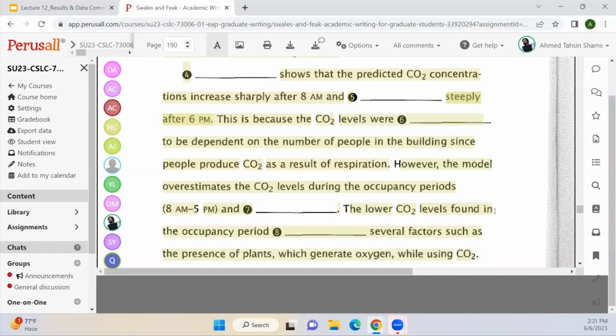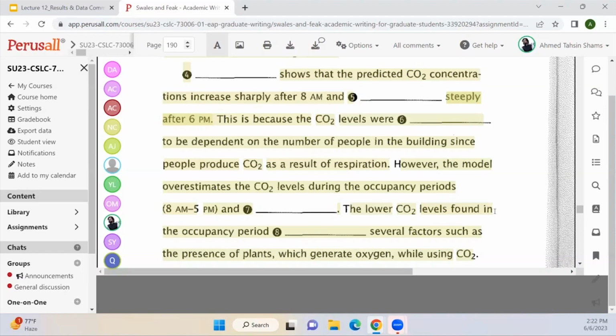However, the model overestimates the carbon dioxide levels during the occupancy periods and underestimates during the rest. So we got the verb. We have overestimates, so it would be underestimates. We don't need to mention the subject again, carbon dioxide levels. We'll use them: underestimates them during the vacant period.